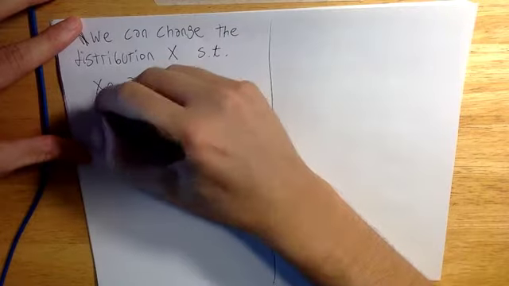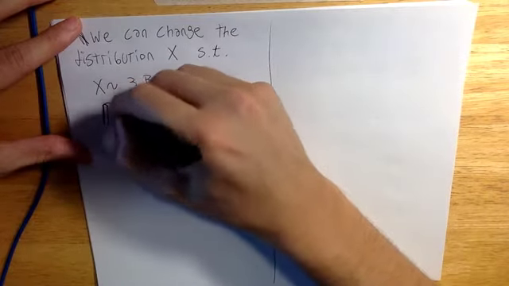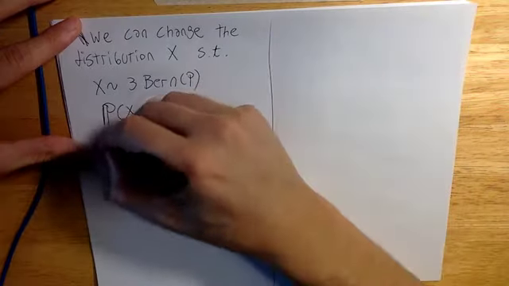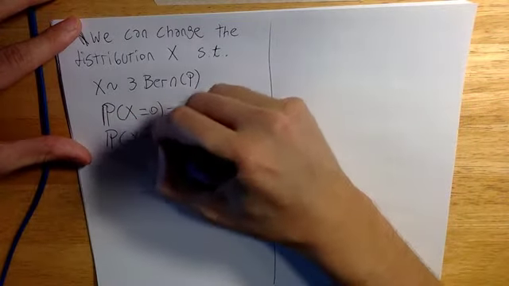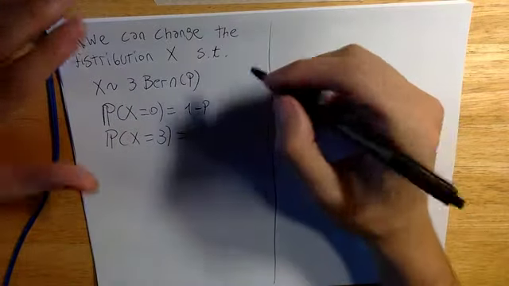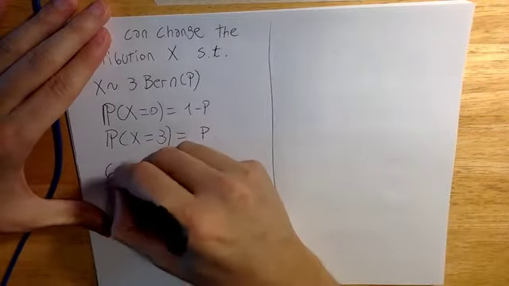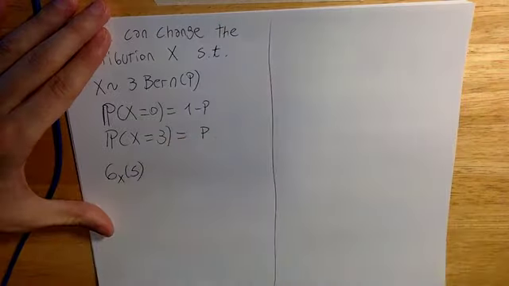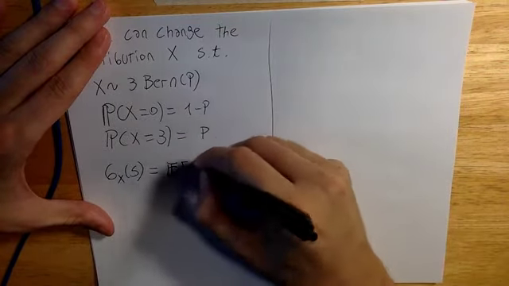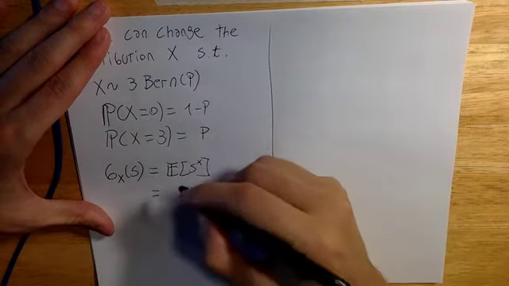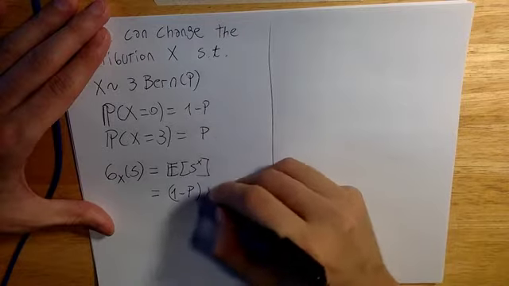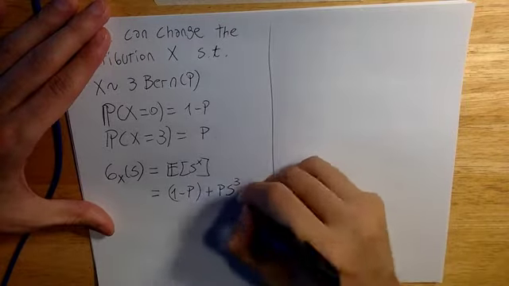What this means is that the probability that x is equal to 0 is 1 minus p, and the probability that x is equal to 3 is p. So in this case, the generating function of x at s is again the expectation of s to the x, which in this case is 1 minus p plus p s cubed.